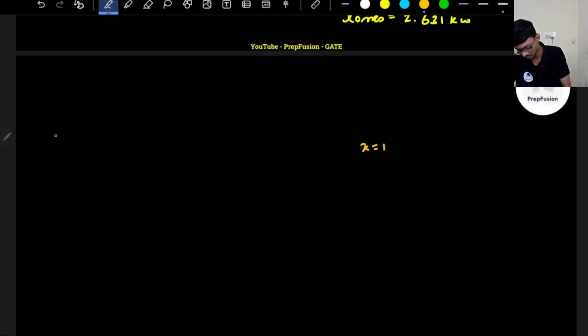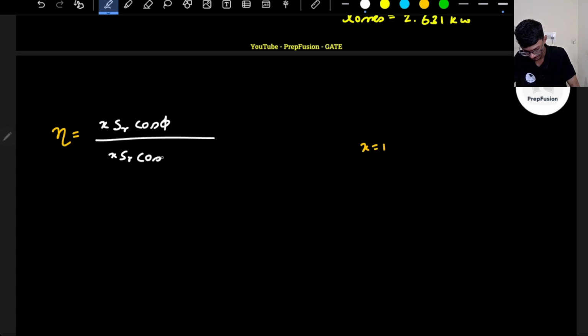It equals x SR cos phi divided by x SR cos phi plus the iron loss. The iron loss will not change for this transformer, same magnetizing current, flux is same, plus x square into PCUFL.